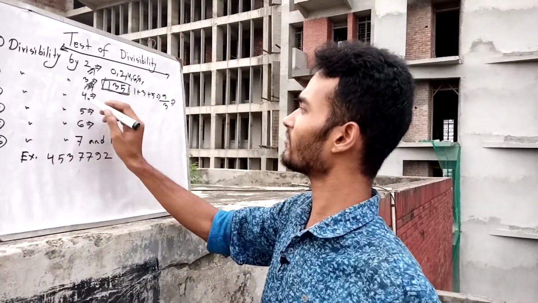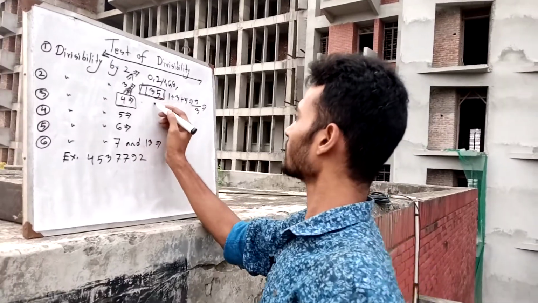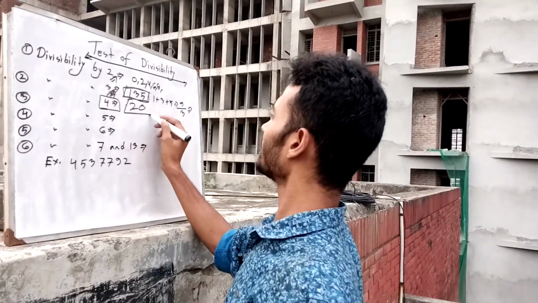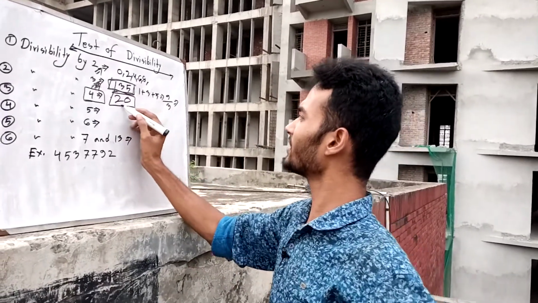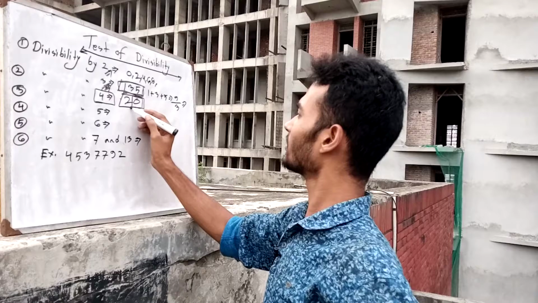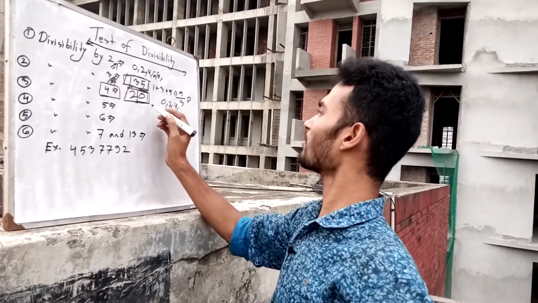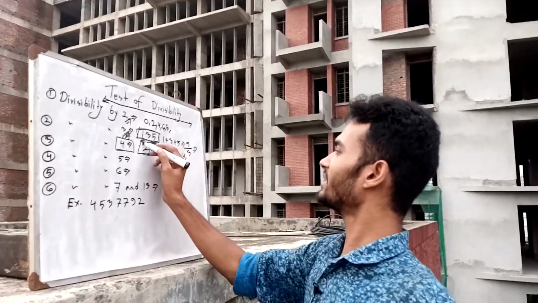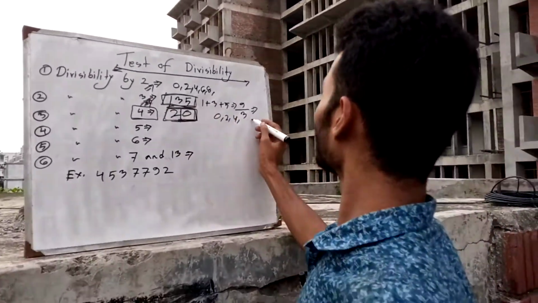Then go for the number 4. Considering a number 20, the number can be divided by 4 if the last two digits, the unit digit and the tens digit, are 0 or form a number that can be divided by 4.